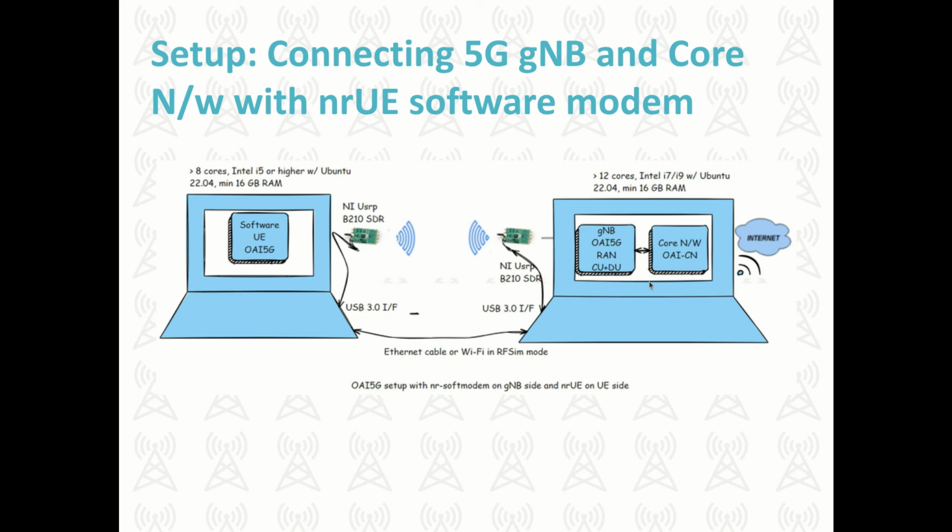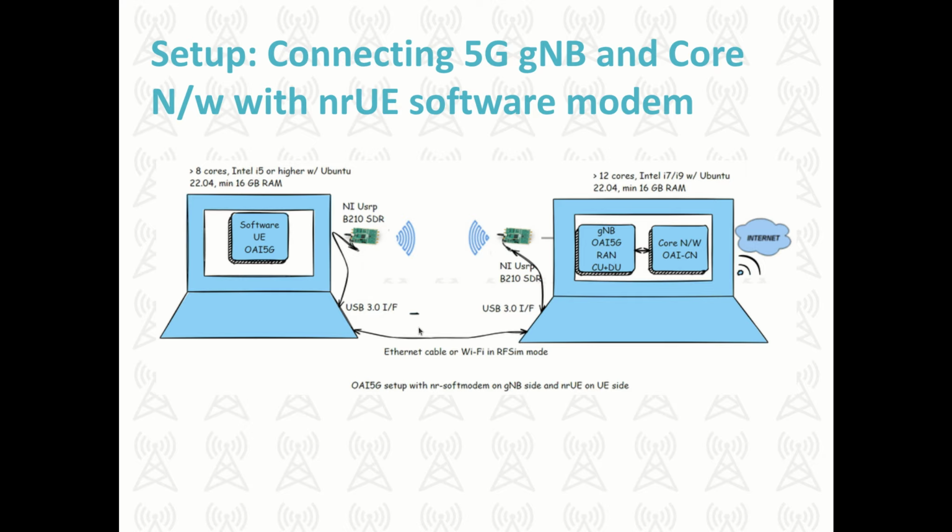On one machine, an Intel i9 machine, you are running GNB CU DU. The core network is also being run here, and through Wi-Fi it is connected to the internet. Then there is this B210, right?